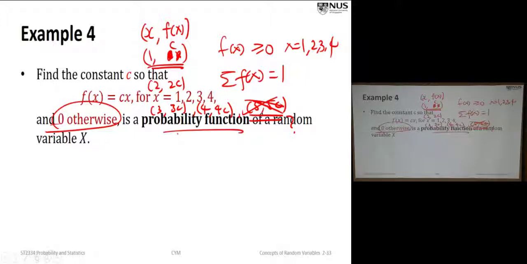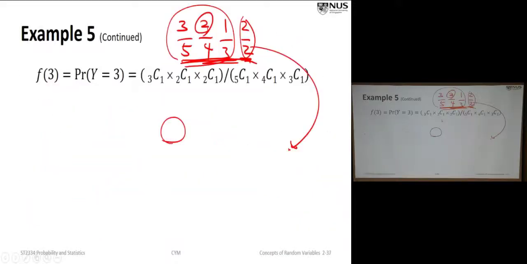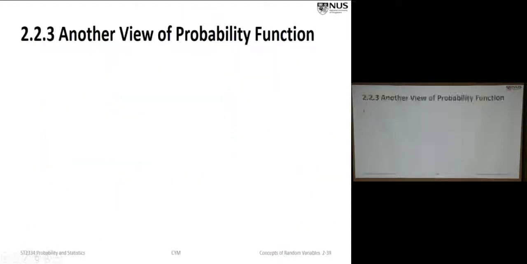So, as a probability function, this particular f must be non-negative, greater than or equal to 0. And also, summing over all possible values of x, the sum of all these f of x should equal 1. Now, today we continue by looking at another interpretation of a probability function.